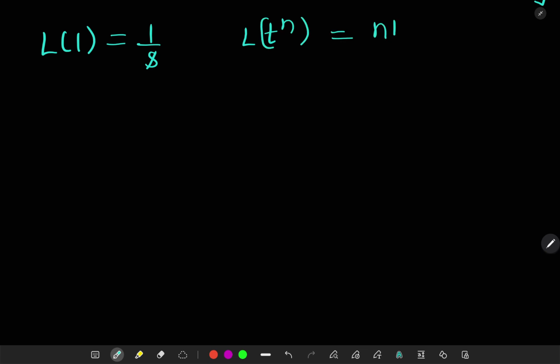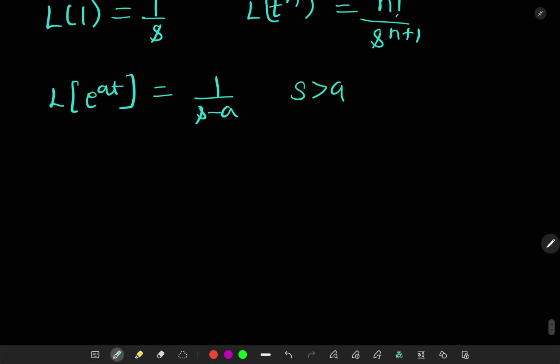Now, other important properties of the Laplace transform. The Laplace transform of 1 is 1/s, and the Laplace transform of t raised to power n is factorial n divided by s raised to power n plus 1, and the Laplace transform of e raised to power at is 1/(s minus a). Here s is greater than a.